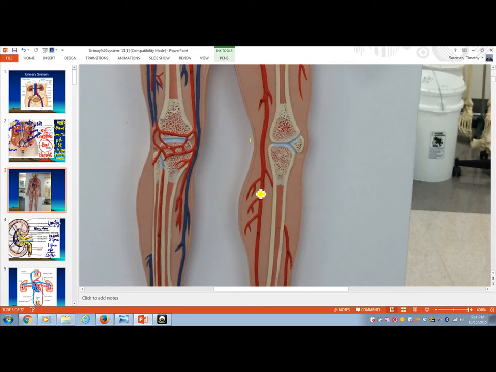And you have the posterior tibial and the anterior tibial arteries.